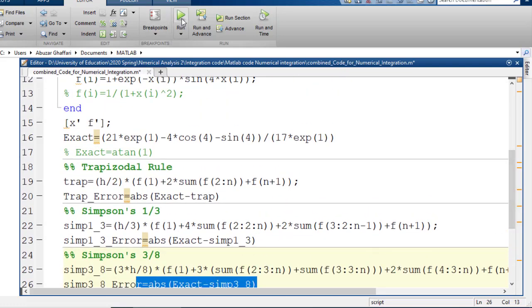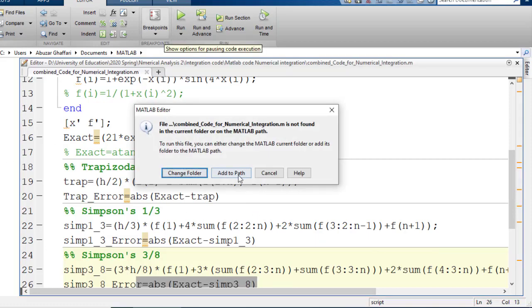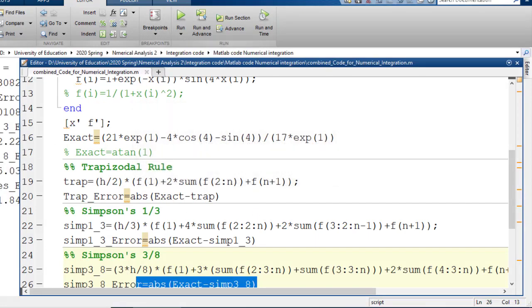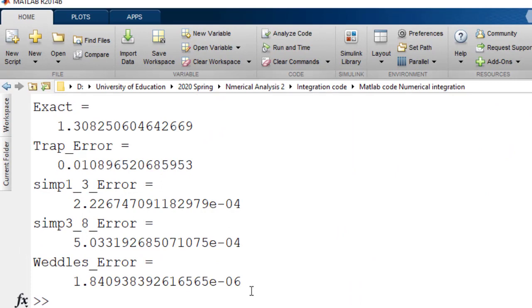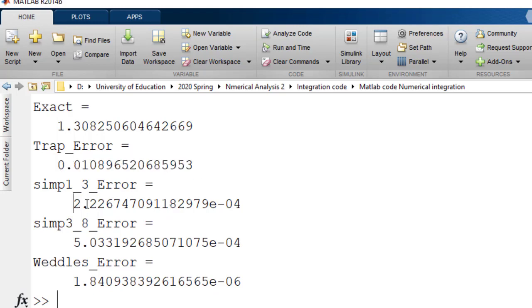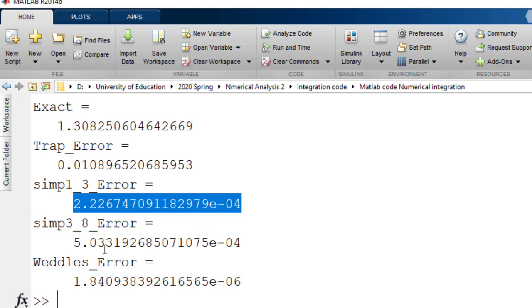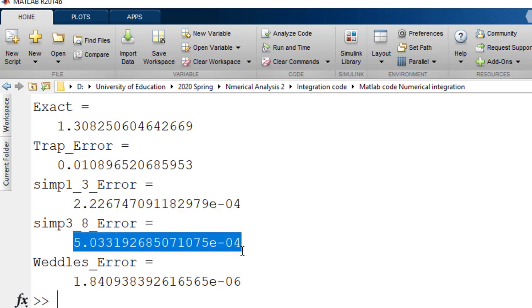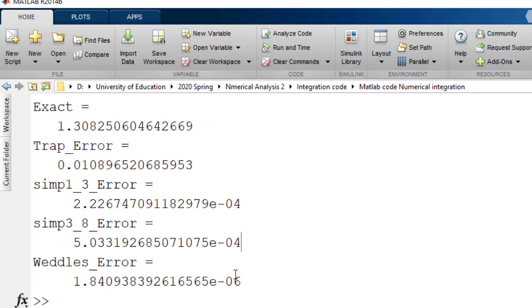So let's execute it. Here you can see this is the error of the trapezoidal rule, this is the error of Simpson's 1/3 rule, this is the error of Simpson 3/8 rule, and this is the error of Weddle's rule. So Weddle's rule as compared to the other numerical schemes is more accurate.